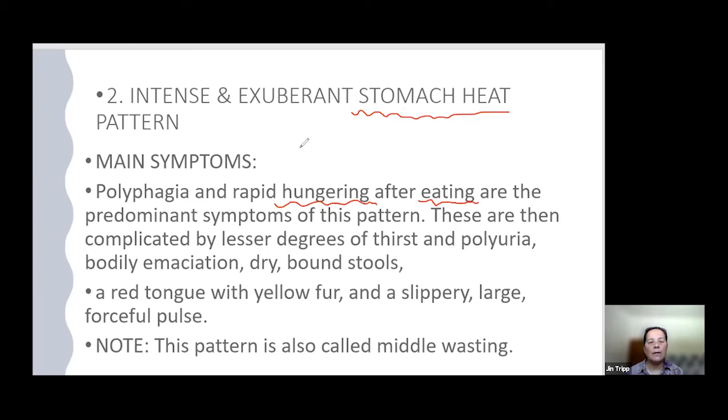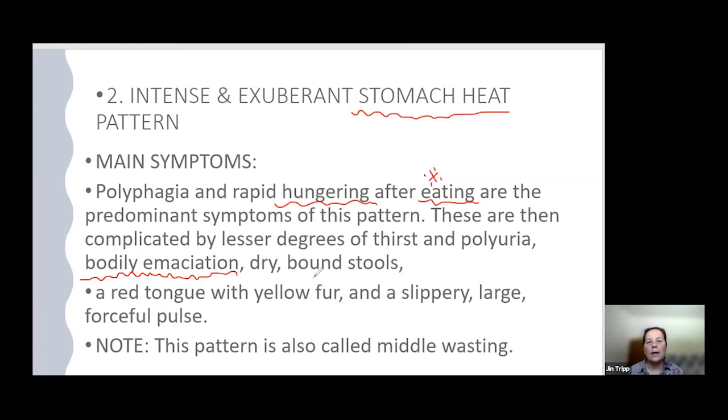Certainly, the patient may still have symptoms of thirst and drinking loud, but mainly is more hungry, more eating. And they eat a lot, but the body weight is losing and they become emaciated. That means what they are eating is not truly used by the body.